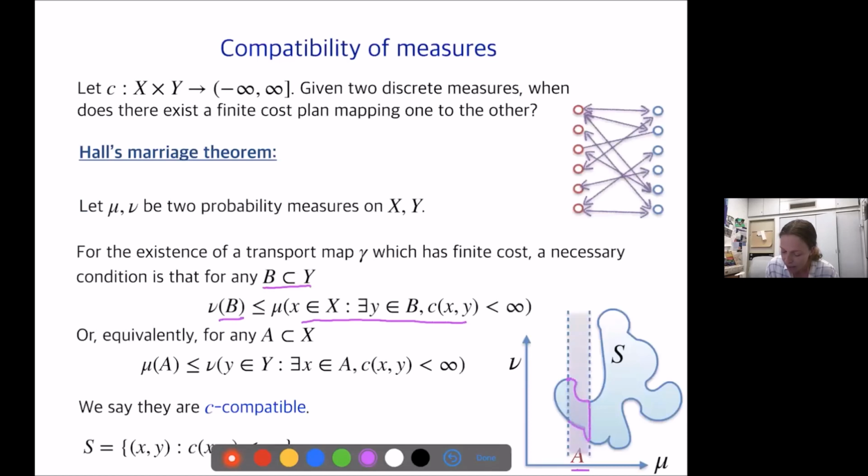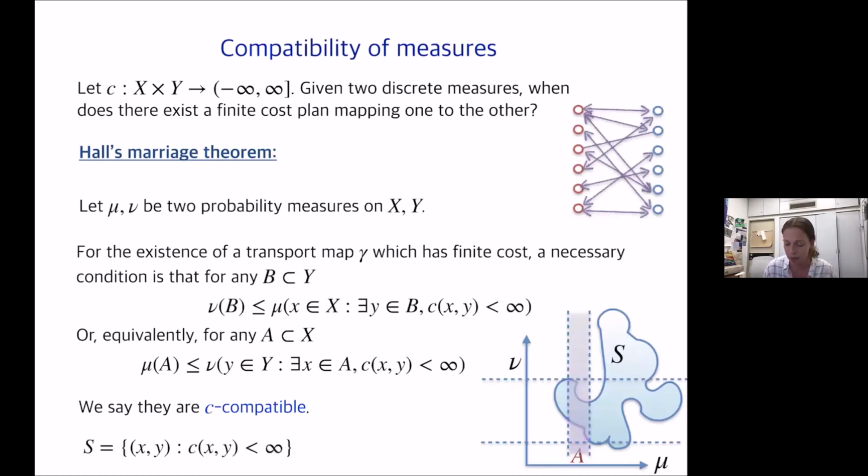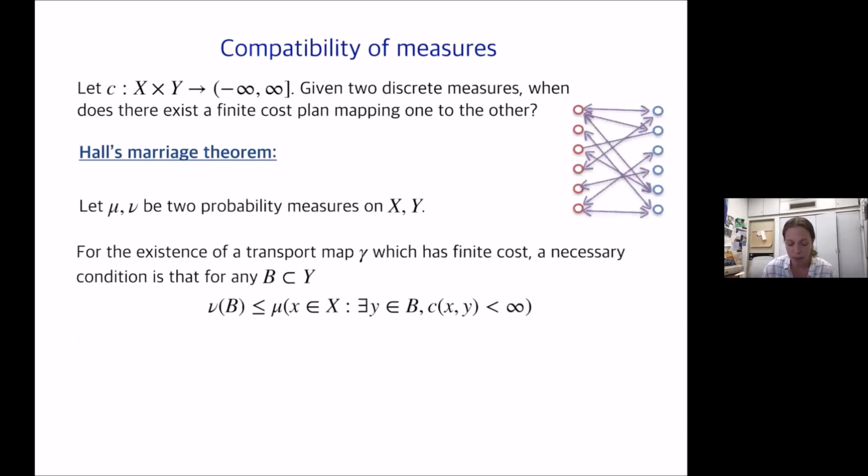So this is the set with finite cost that can be mapped to A. So this is the set of points that have some option of A being mapped to them. If I map a point on A to some point outside here, it will have infinite cost, okay? Right, so this is the condition geometrically.